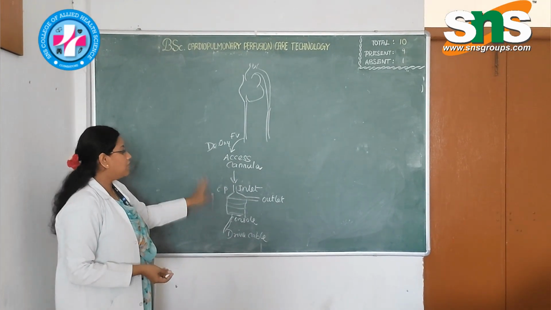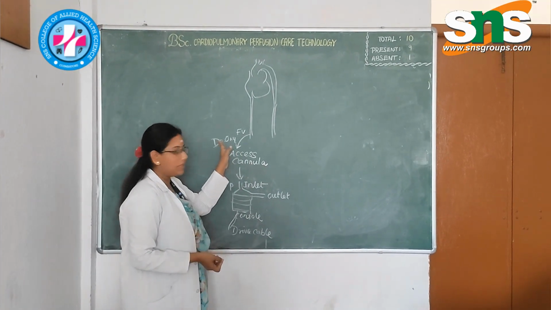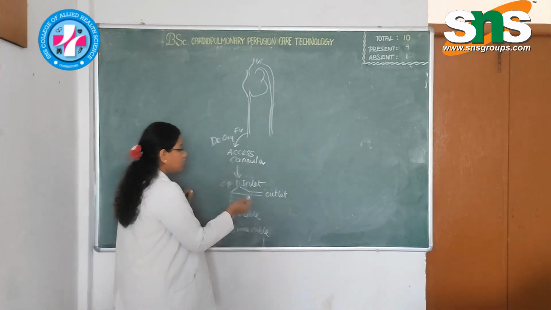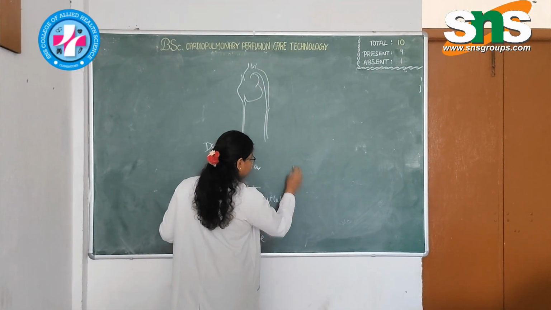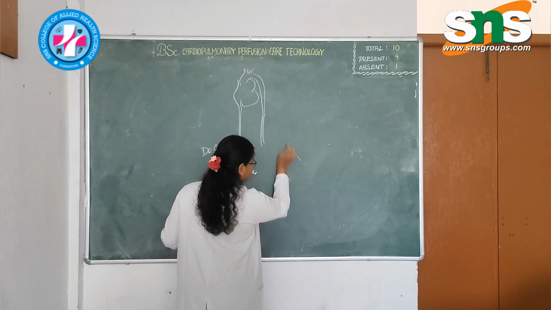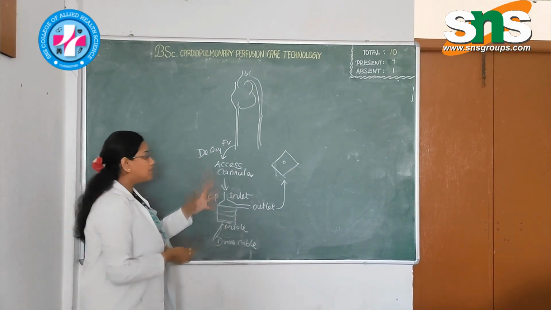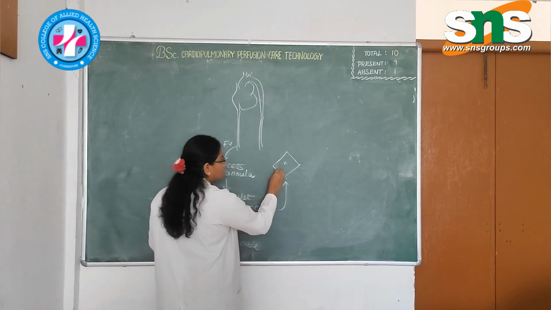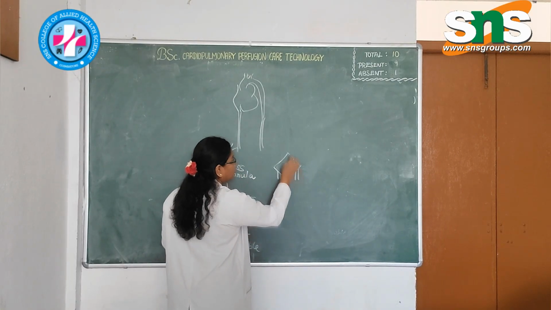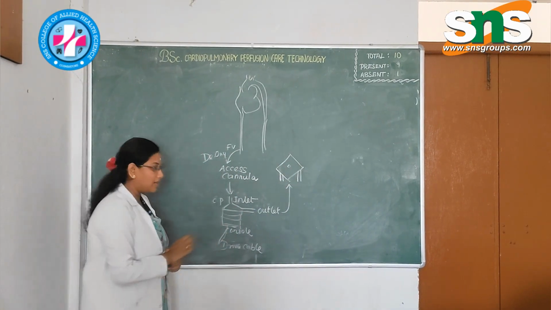From the pump, the deoxygenated blood needs to be oxygenated, so it goes to an oxygenator. The oxygenator is called a Vargas oxygenator, so the shape will be an integral Vargas shape.